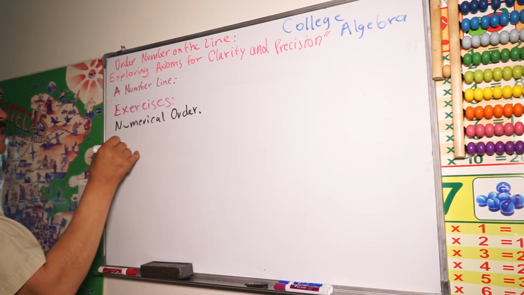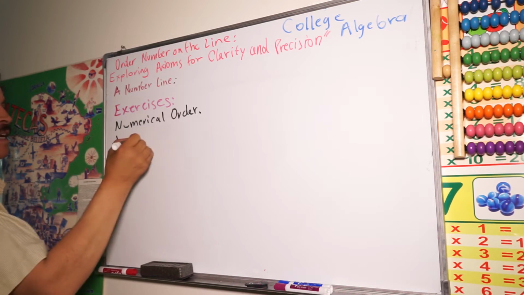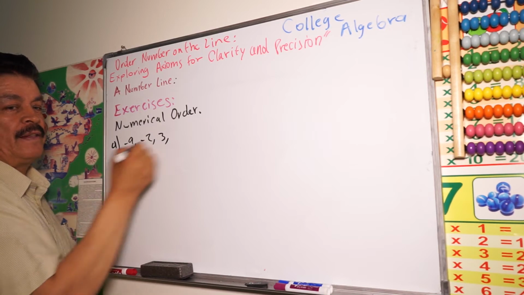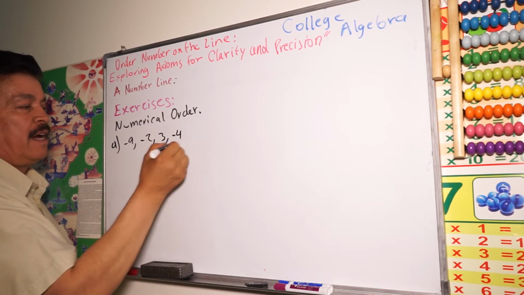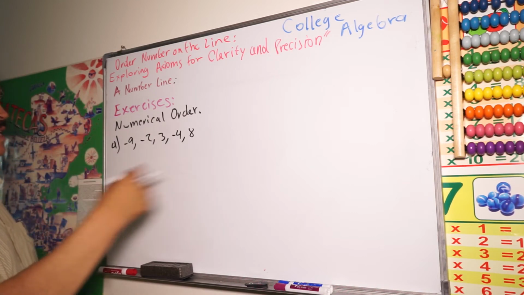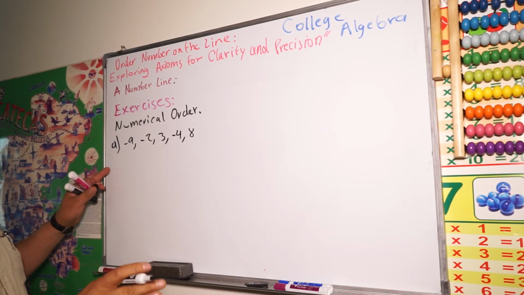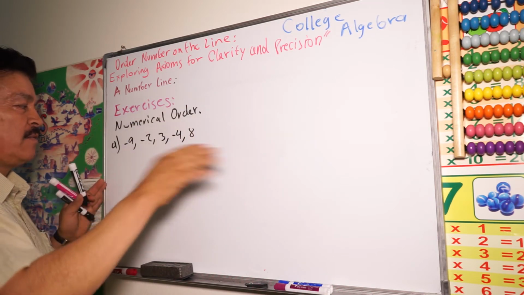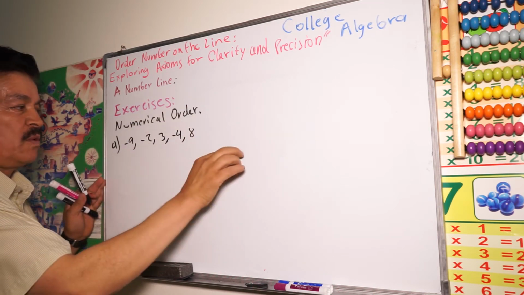For example, negative 9, negative 2, positive 3, negative 4, and 8. This group, just write in order. So we have to write those numbers in order, from the smaller one to the greater one.